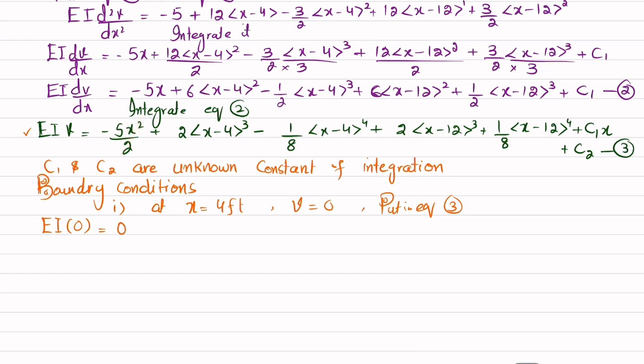So 0 plus this term will be equal to minus 4. Anything inside the Macaulay bracket that is negative will be 0. Similarly, this term will be 0. This term will be 0. This term will be 0. And this term will be 0. So we will be left with only C1, C2. And so from here you will get C2 is equal to 0.